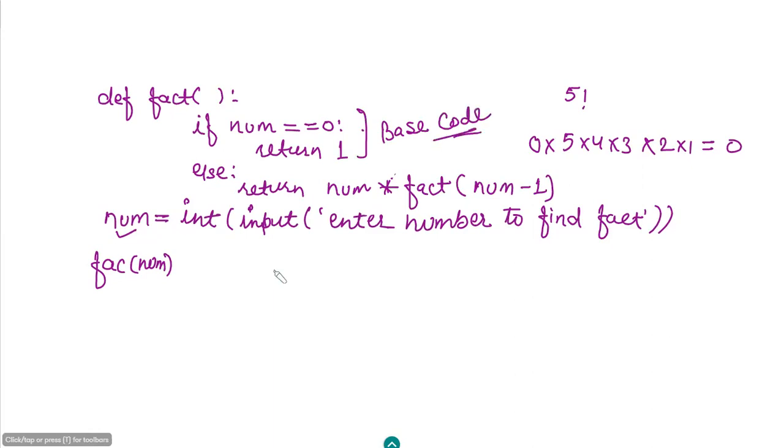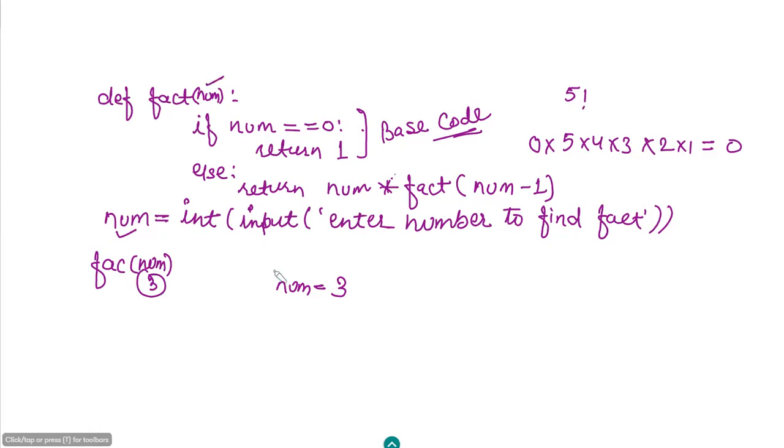Base code. Suppose that user enters 3 as a number. So you will get number 3 as argument. Now receive this number while creating the definition of the function. You will receive this value by this parameter.